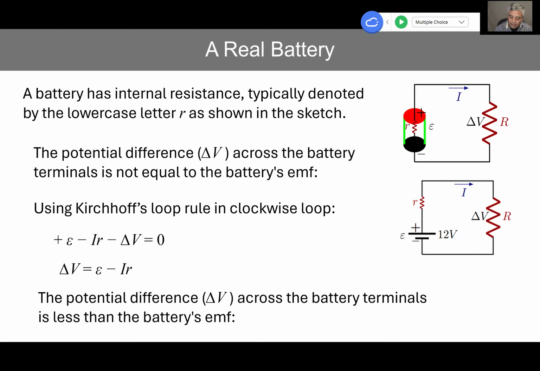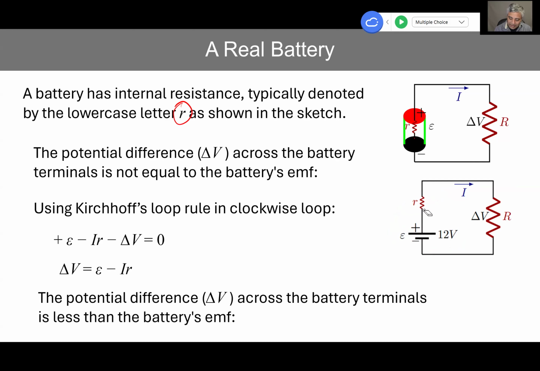Basically, we can say that inside a battery there is a resistance, and usually that internal resistance is denoted by a lowercase r. So now you can replace a real battery by an ideal battery plus a resistance in a circuit. That's what you can do.